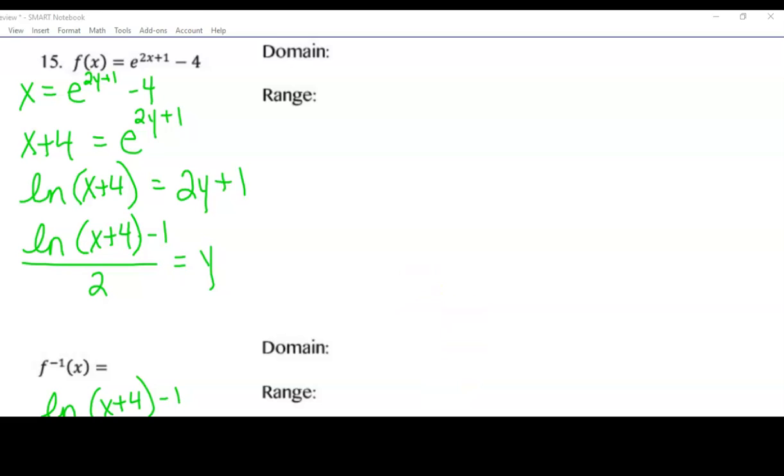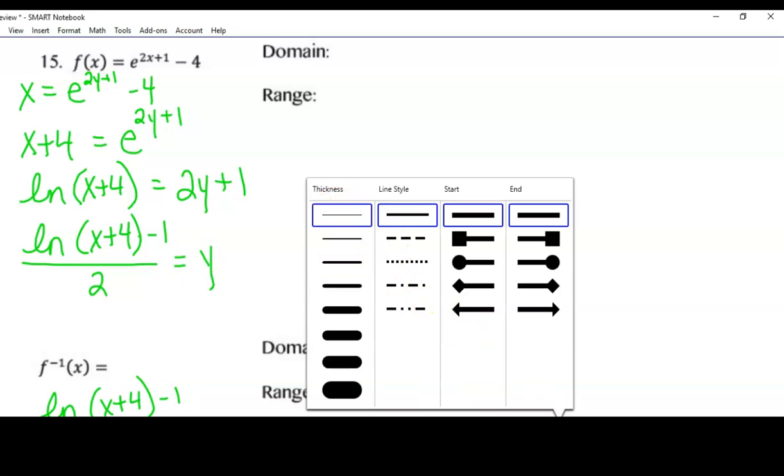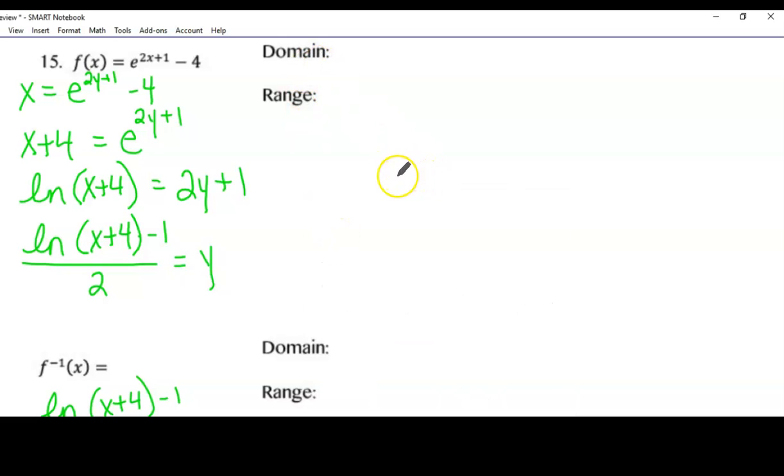Okay, so let's look at domain and range. Okay, so your exponential function, of course, domain is what it always is. Range. So this -4 right here tells me that the horizontal asymptote is at -4.